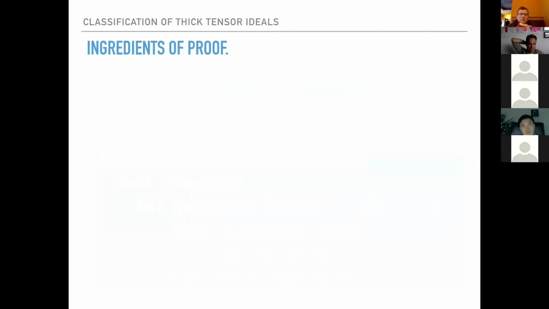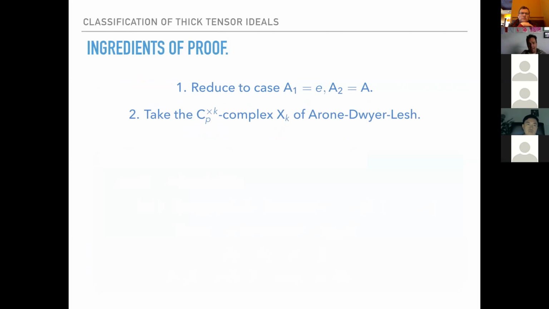So the ingredients of this proof. First, because all the subgroups are normal, you can reduce to the case that A1 is the trivial subgroup, A2 is the whole group A. And now we can look at a CP^(k) complex for this elementary abelian group, of Arone, Dwyer, and Lesh.